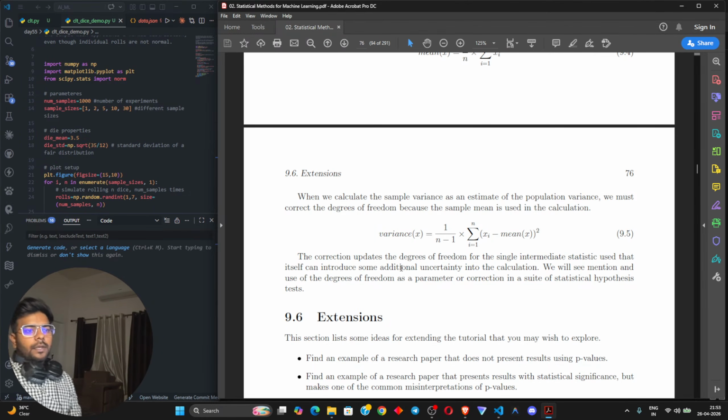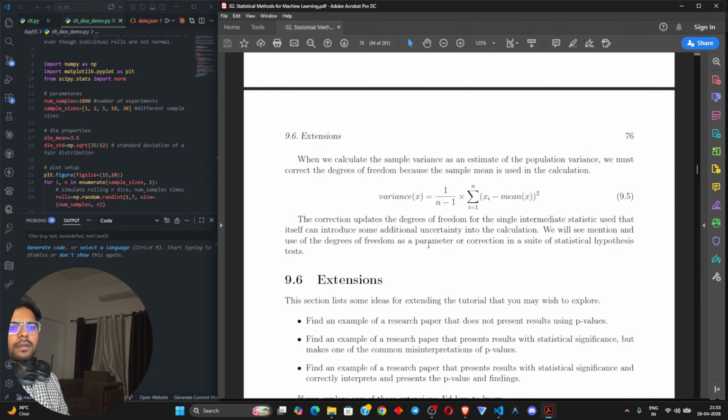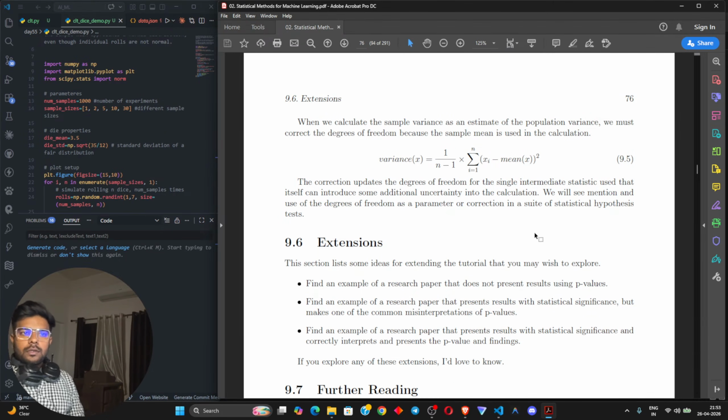The correction updates the degrees of freedom for the single intermediate statistic used, which itself can introduce some additional uncertainty into a calculation. We will see mention and use of degrees of freedom as a parameter or correction in statistical hypothesis tests.